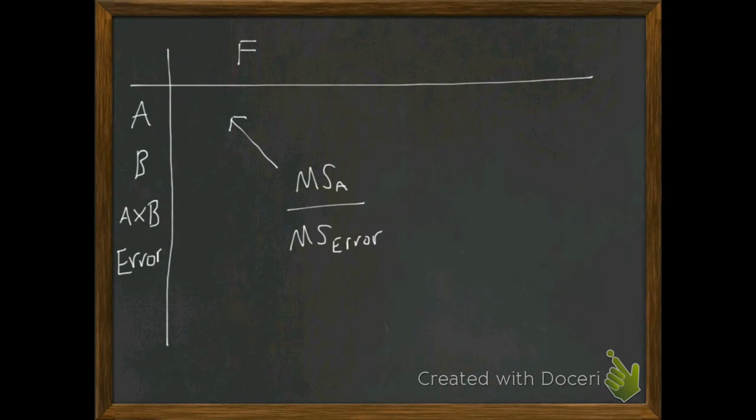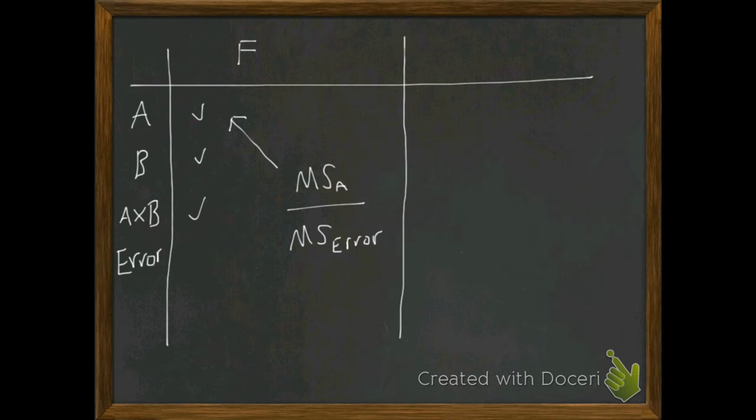Similarly, for B, we'd have the mean square for B divided by the mean square for the error. For A cross B, our interaction, the mean square for the interaction divided by the mean square for the error. So we end up getting 3 F statistics here: an F statistic for A, for B, and for the interaction.